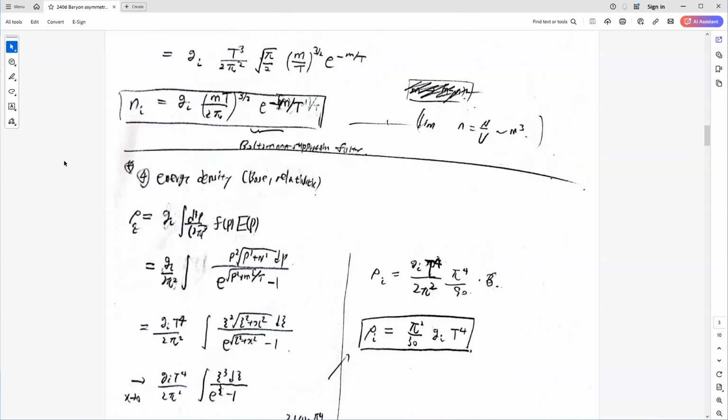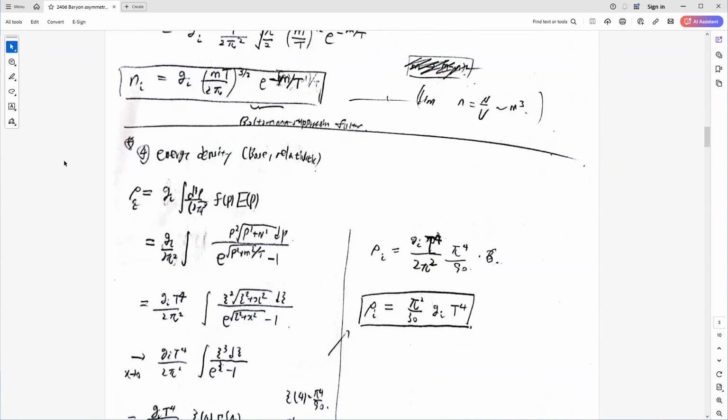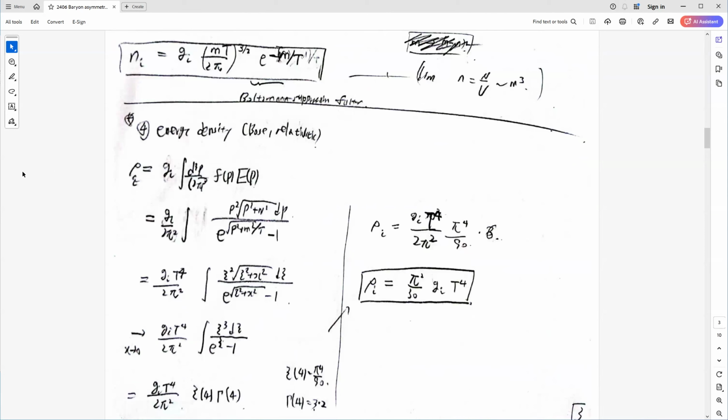Now we can calculate the energy density. The difference is that the distribution function should be integrated with the energy over the phase space, so there are additional factors in the numerator. The techniques are also the same. In the relativistic case and Bose statistic, we can take the limit of x goes to 0.